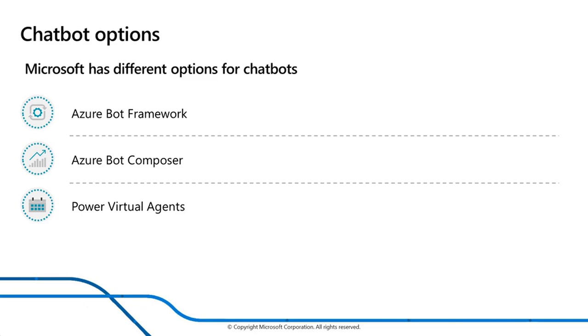The other option you have is Azure Bot Composer. This is a brand new application that is now available and offered by Microsoft. It's a kind of desktop application. You have a couple of desktop applications for Power BI, for example, or Power Virtual Agent, Power Automate. This one is a kind of Azure Bot desktop for the Azure Bot Framework.